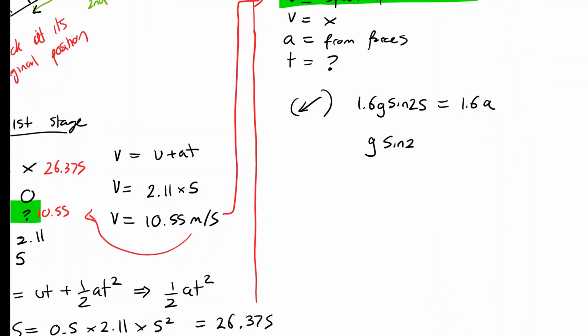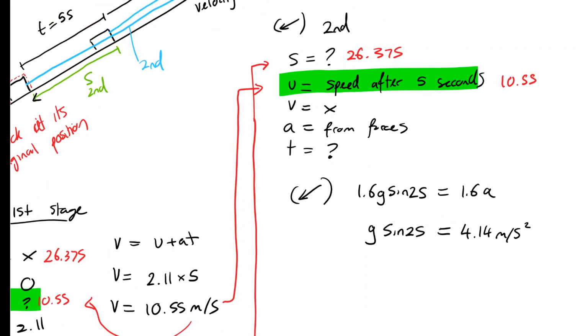So a is g sine 25. That is 4.14 meters per second squared. Again, updating as we go. 4.14. That's positive because overall we're going to be going down the slope. There's a smaller adjustment to make. The initial speed is directed up the slope, so we need to make that negative because we're working with down.